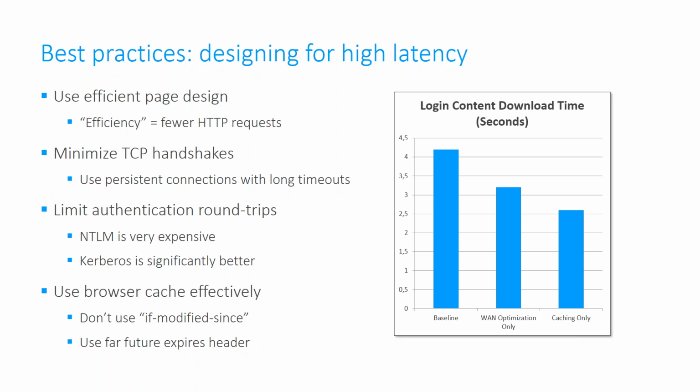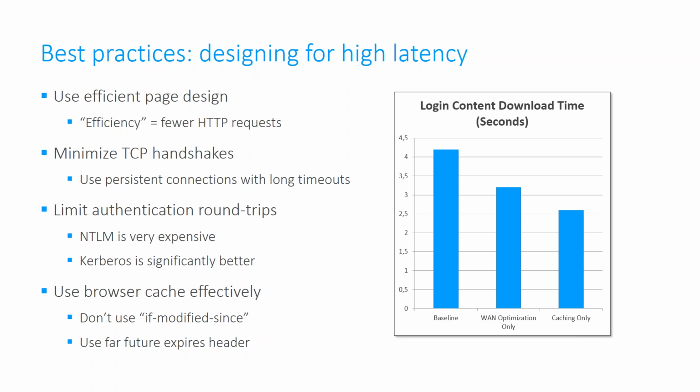The chart on the right is a quick summary of some consulting work we did for a customer who was complaining about their time and billing application, and the baseline is the native response time. They had a Cisco WAN optimization solution in pilot.